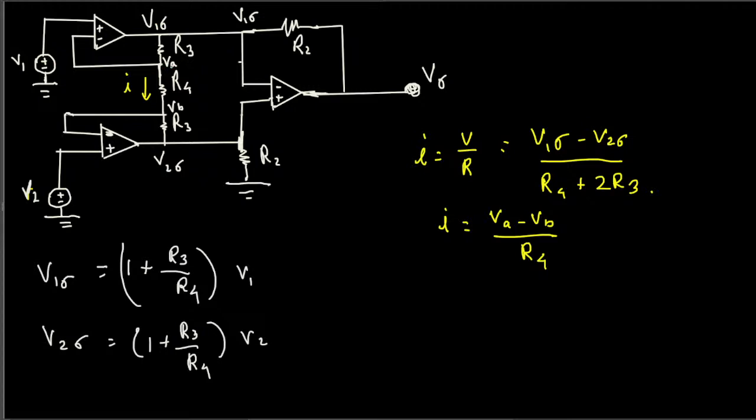So instead of VA minus VB, we can rewrite this as V1 for VA, and VB can be replaced with V2, divided by the resistance in between, that's R4. Okay, so we can express that one like this.